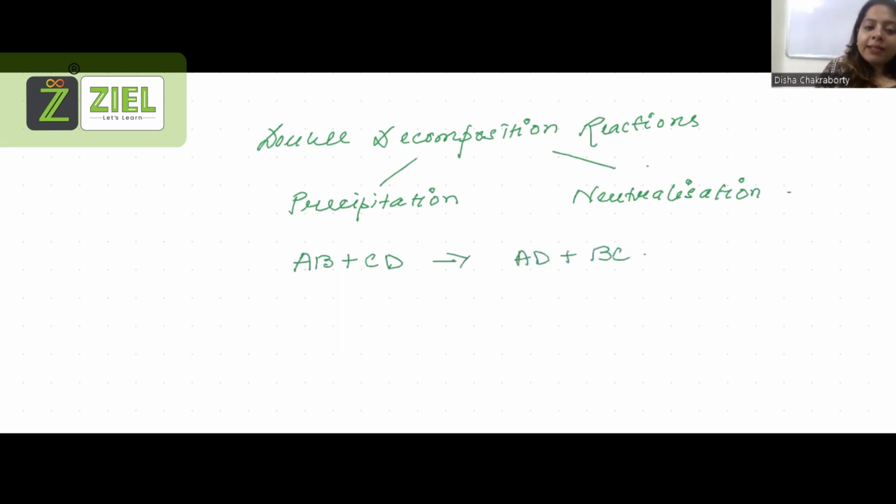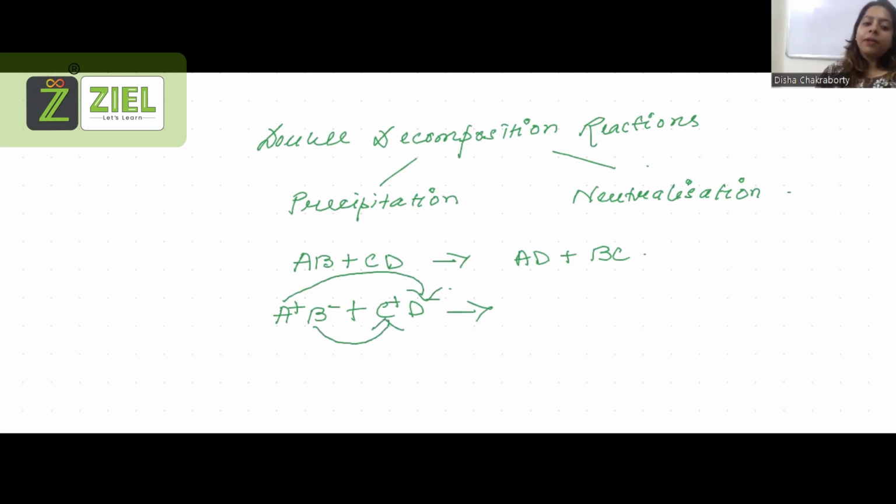AB can be written as A plus B minus, and CD can be represented as C plus and D minus. The positive ion combines with the negative ion on this side, and the negative ion and the positive ion combine like this, and hence they form AD plus BC.